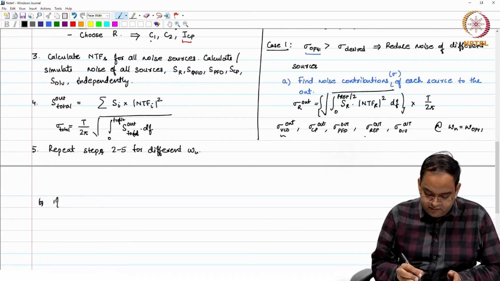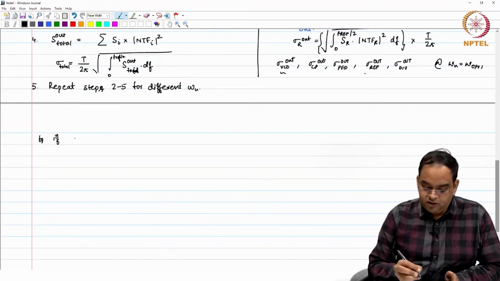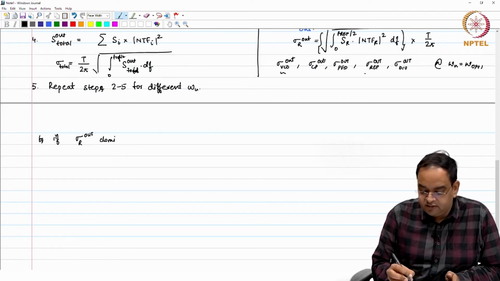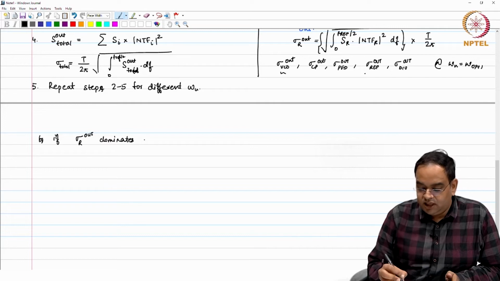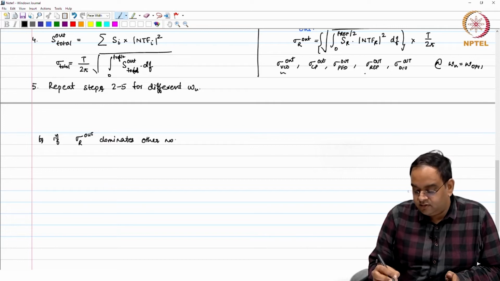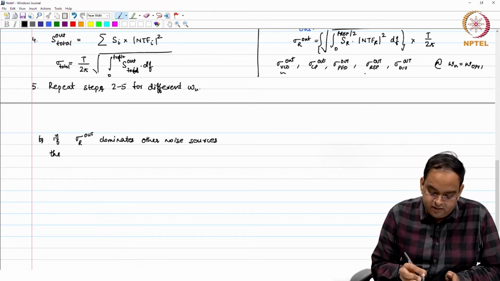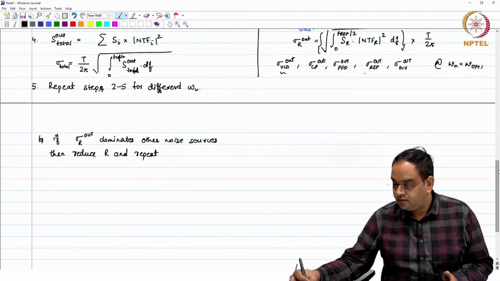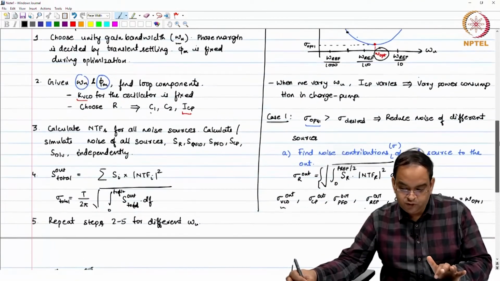Once we find that, we should look at these. If sigma R at the output dominates other noise sources, then reduce R and redo steps 2 to 5 in the procedure.